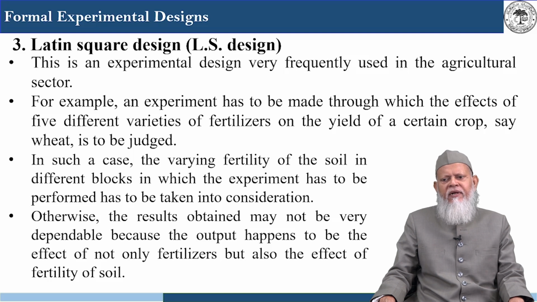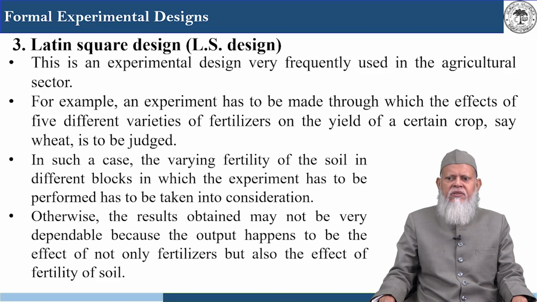This is an experimental design very frequently used in the agriculture sector, and as we have already discussed previously also, many of those designs which were earlier used in the pure sciences are being increasingly used in the behavioral or social sciences.